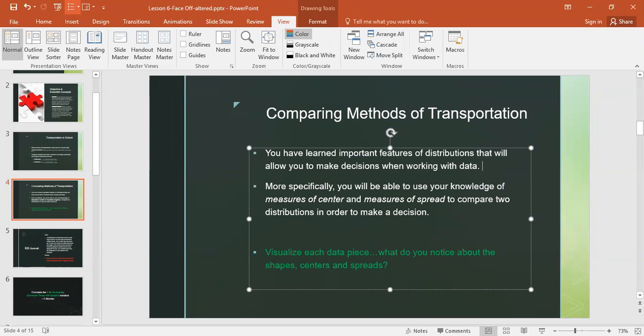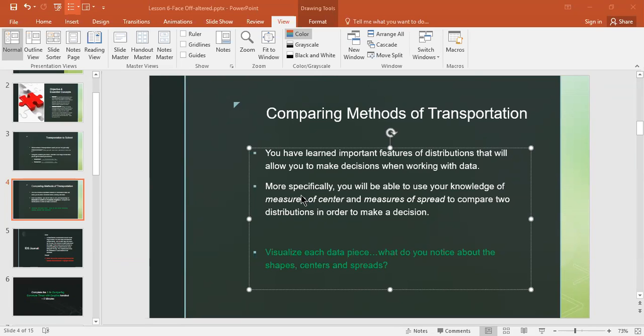So before we move on, let's clarify what we mean. Measures of center. What are some measures of center that we've learned so far? The median, absolutely. The mean, yes, absolutely. Well done, Alexander. And Janelle, thank you for the chat.